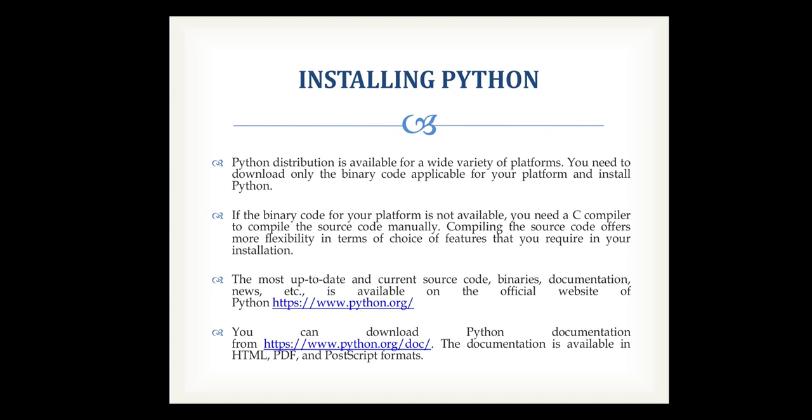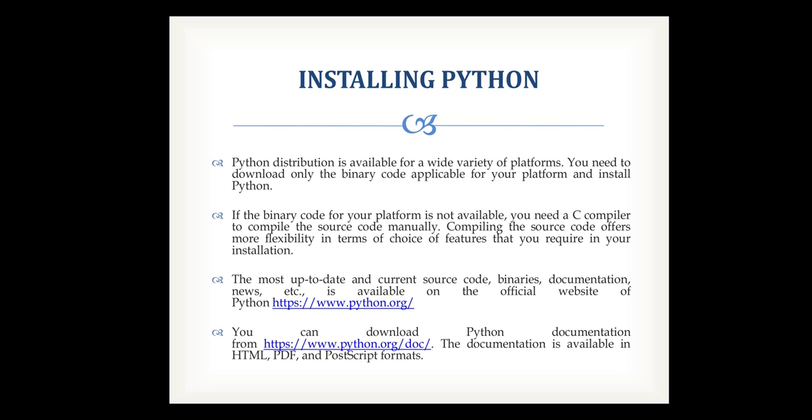Basically, while installing Python on your system, we have already learned that Python is an open source programming language, so we get all this set of files free of cost. Python distribution is available for a wide variety of platforms.